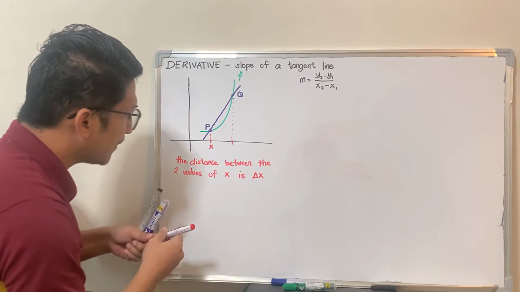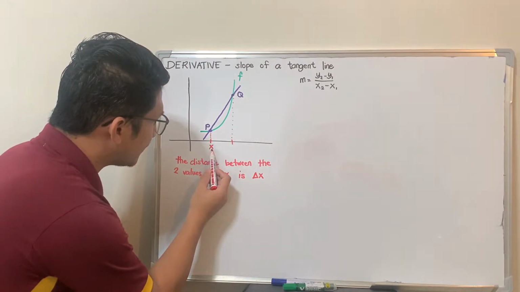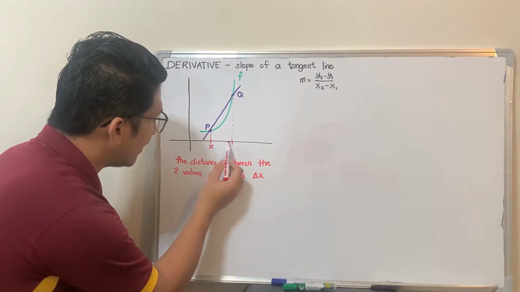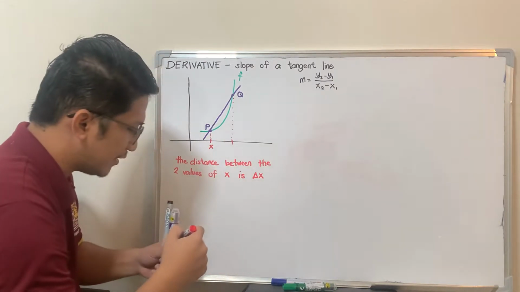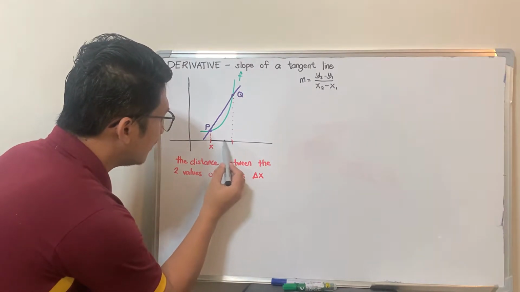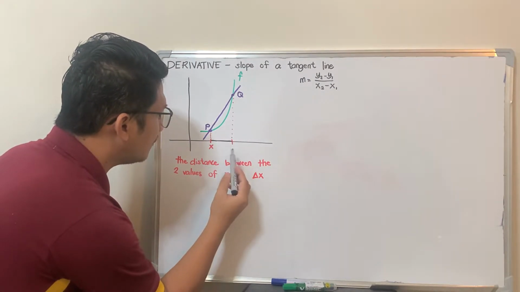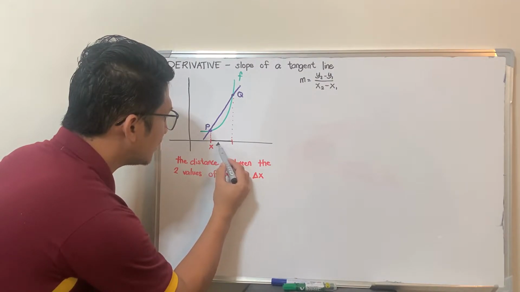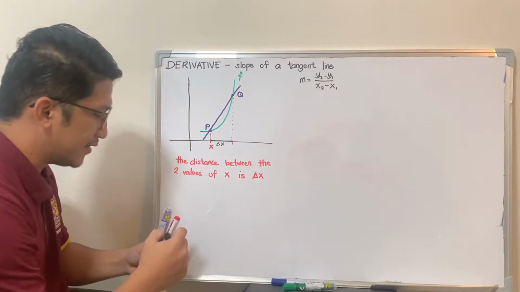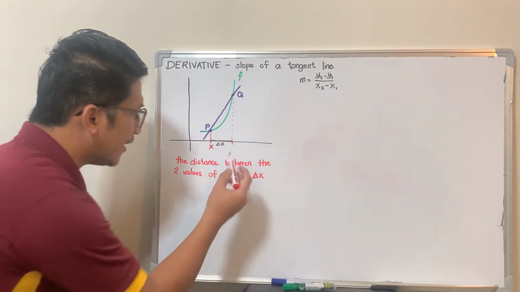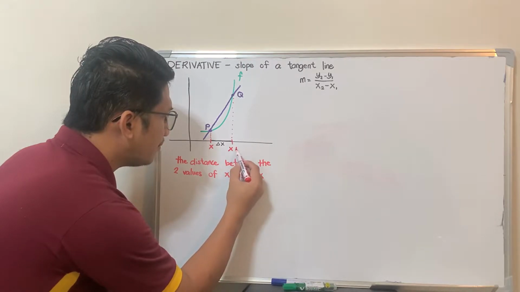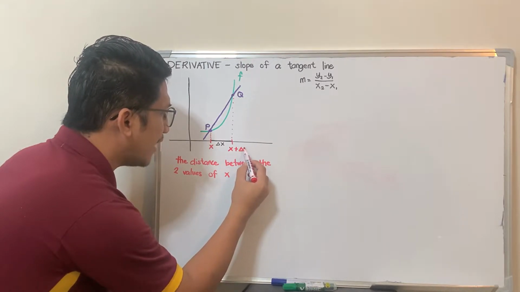If this is the first value of x and this is the second value of x, the distance between them, in the middle, is known as the delta x. So if this is delta x, then this one is x plus delta x.